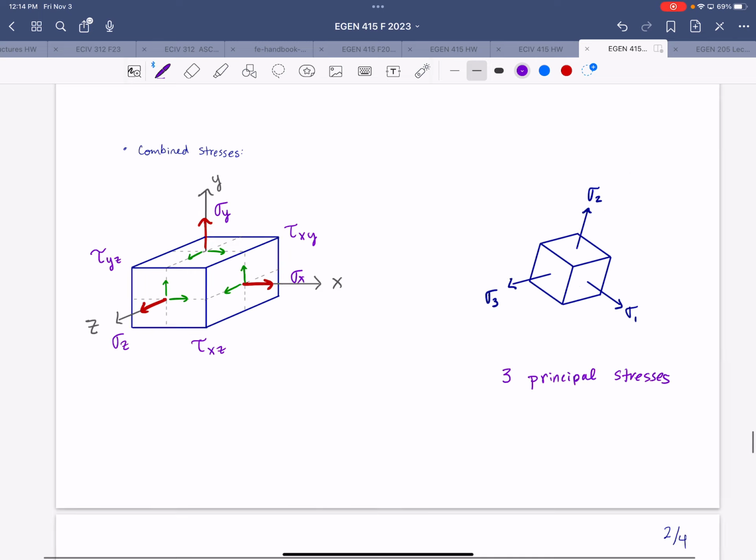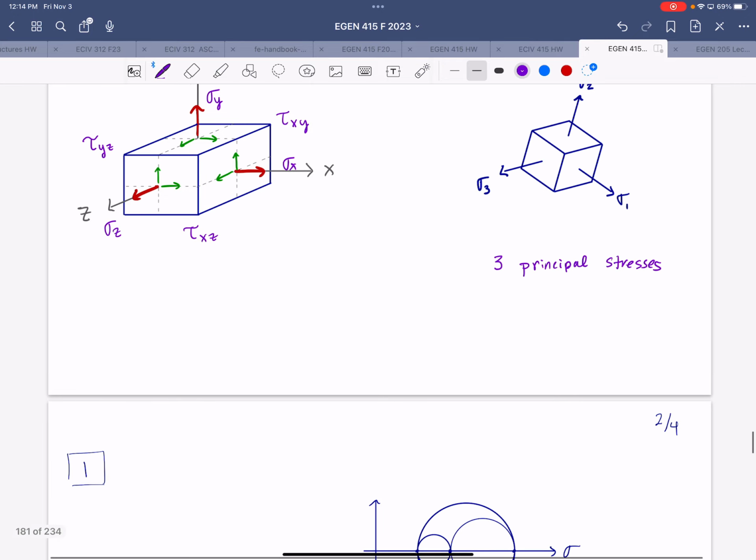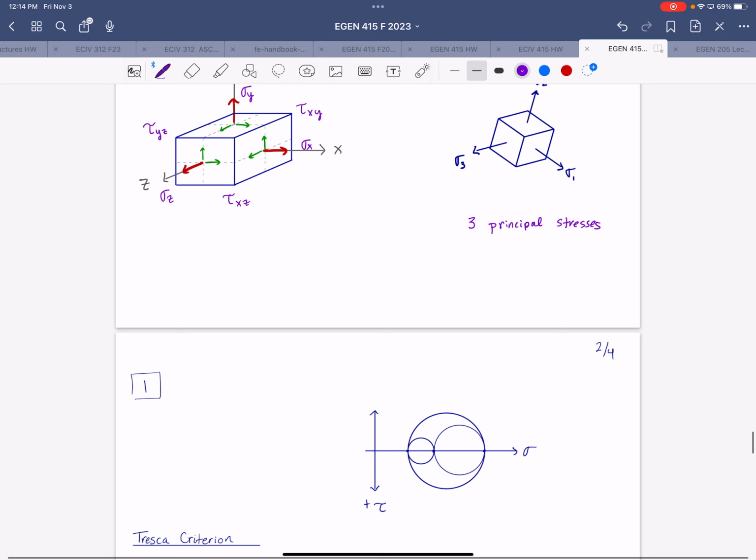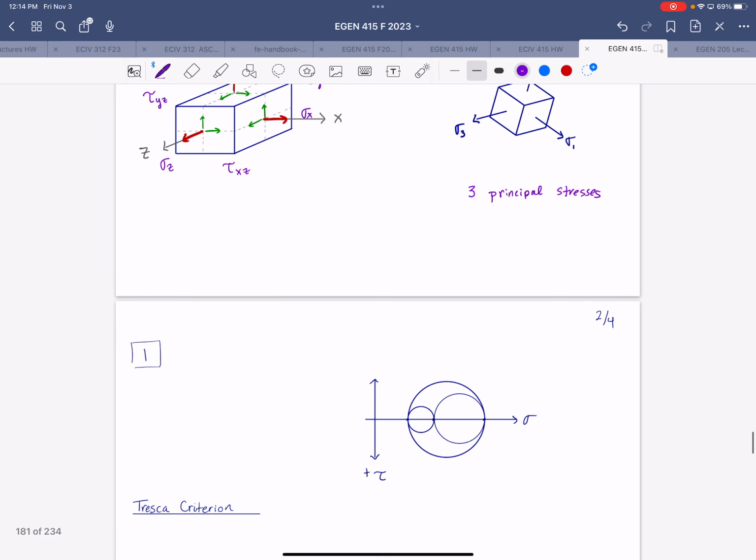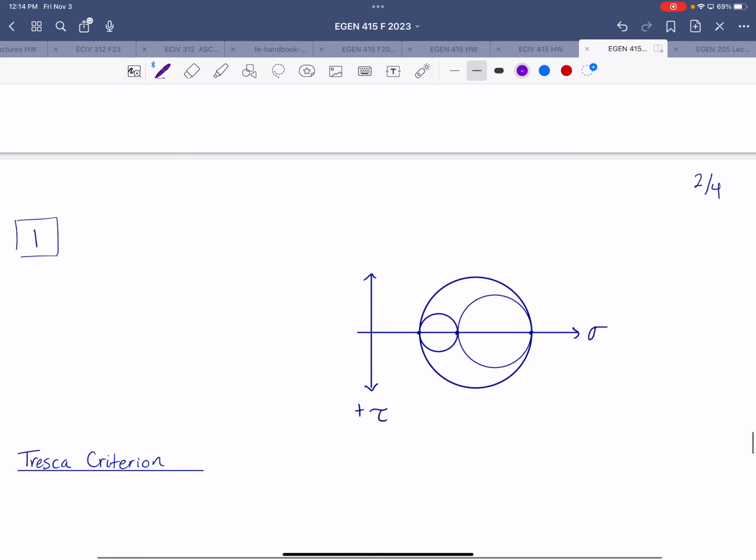And so that leads us to bring Mohr's circle back into the game. If we have our 3-dimensional consideration and we have 3 principal stresses, I'm going to label sigma 1 as one extreme, sigma 3 as another extreme, and then sigma 2 will be the magnitude that falls in between.